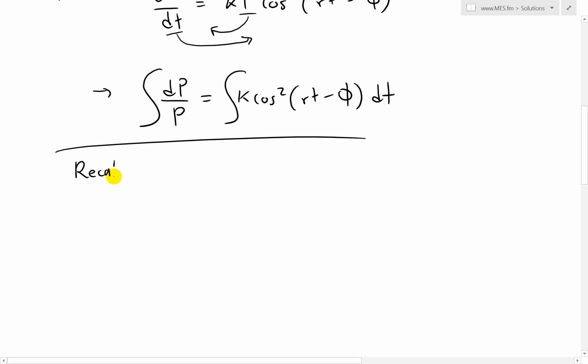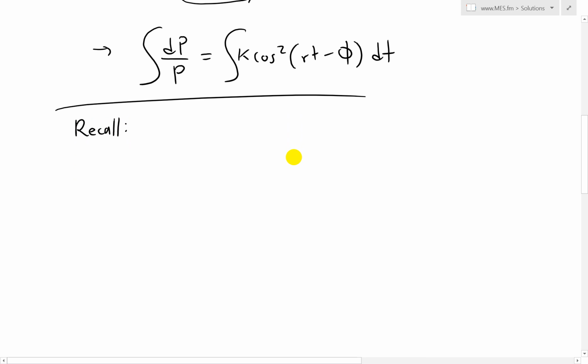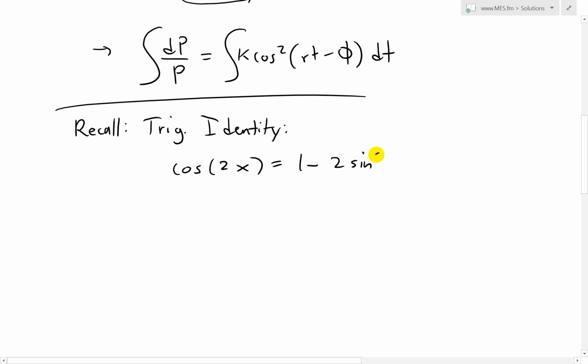Recall from my earlier video, and I'll put the link to this proof in the video link below, the trig identity cosine 2x equals 1 minus 2 sine squared x.